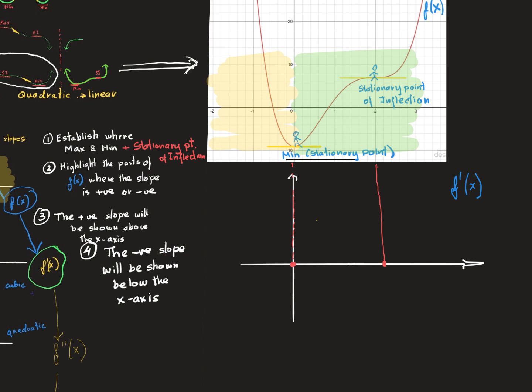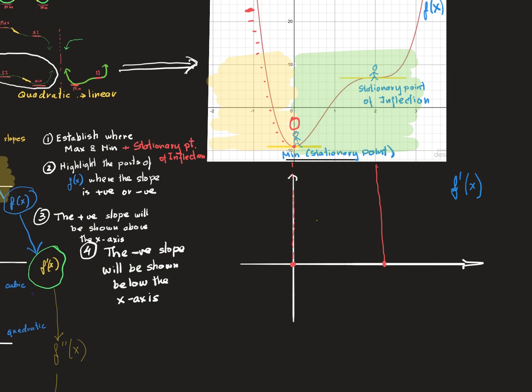That slope starts off very, very negatively high. So okay, it's negative, and it then starts to decrease in its gradient until it gets to a point where the slope is very, very small and negative, and where that little man is standing, it is now 0.